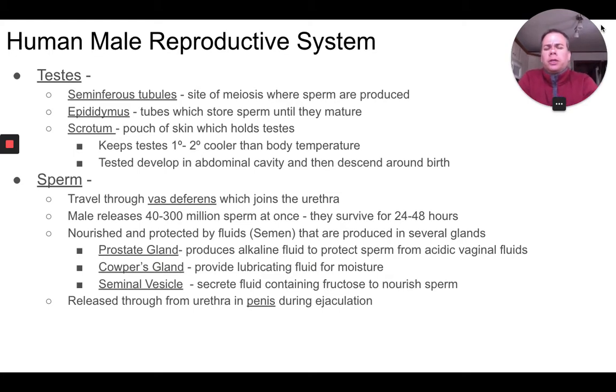So we'll start today with the human male reproductive system. And so when we talk about reproduction in animals, one of the things we talk about is what type of fertilization development a group of organisms has. So humans are mammals. Mammals have what we call internal fertilization.